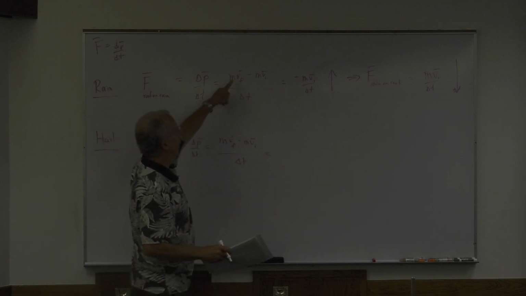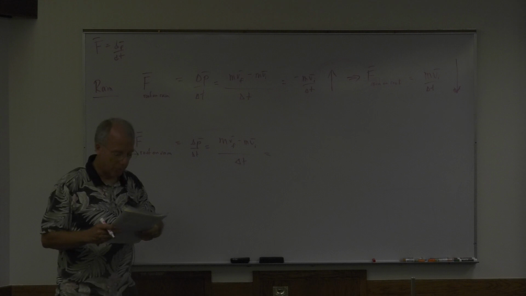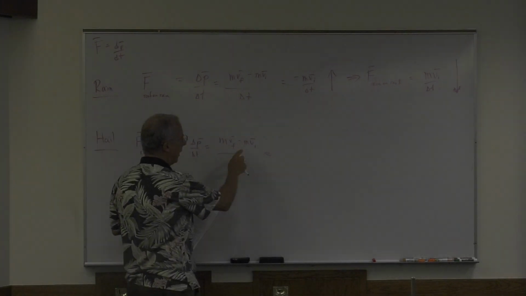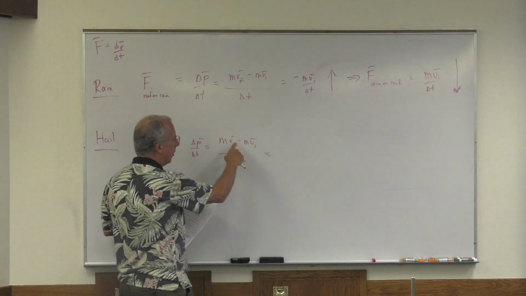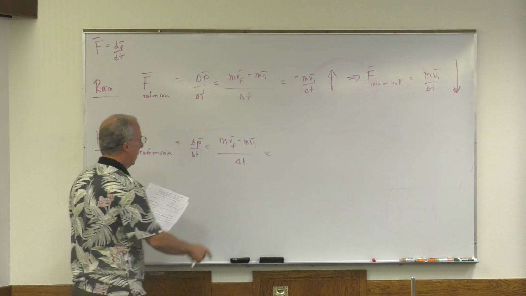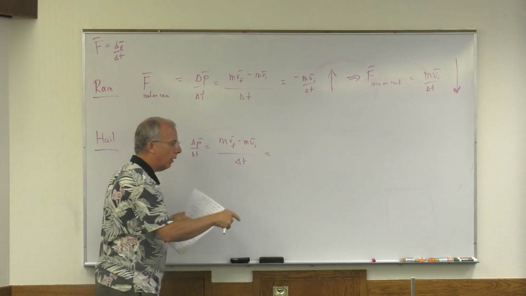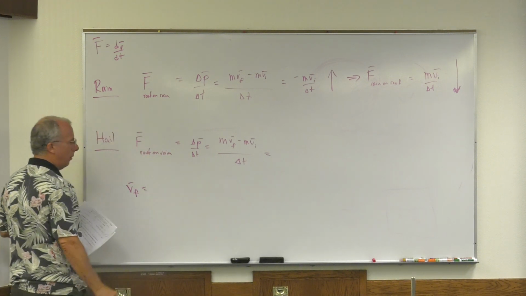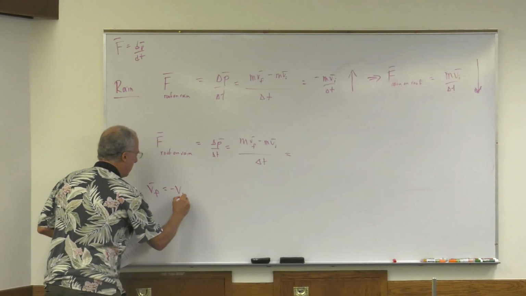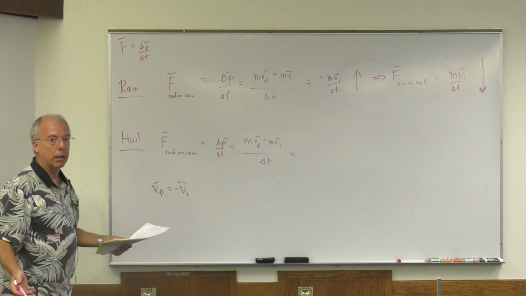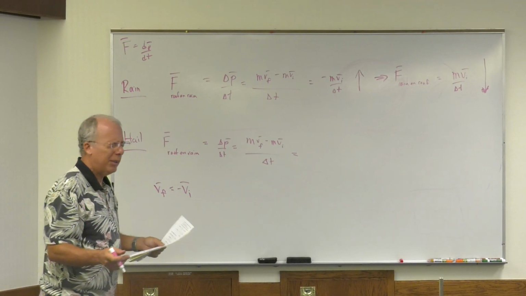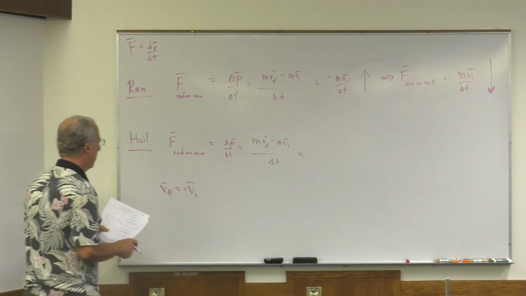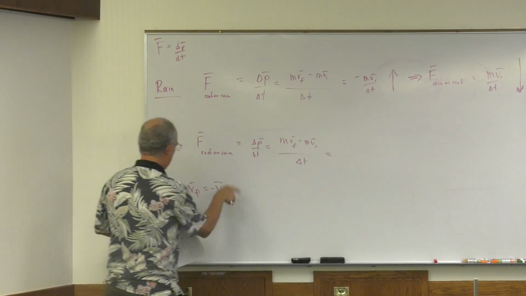Here, we said that mV final was 0, so that made it nice. But here, I'm saying that these two speeds or magnitudes are the same, right? So vector V final, isn't that equal to vector minus V initial? Well, yeah, right? Same magnitudes, opposite directions, okay? So I'm going to substitute right there.